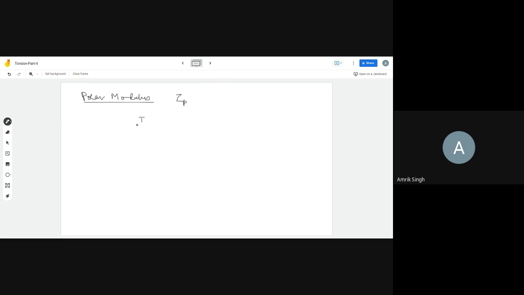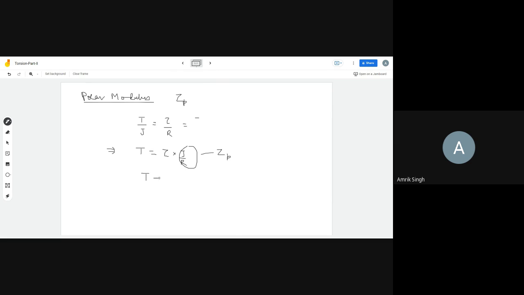Since we know T upon J is equal to G theta upon L is equal to tau upon R, from here we can write T is equal to tau into J upon R. This J upon R is nothing but Z_P, the polar modulus.